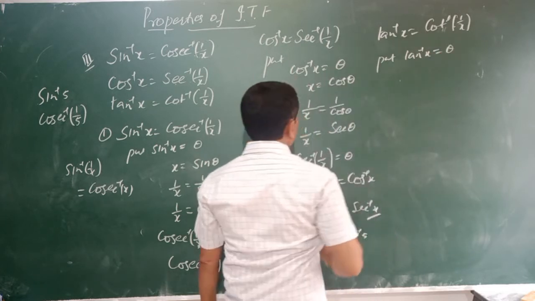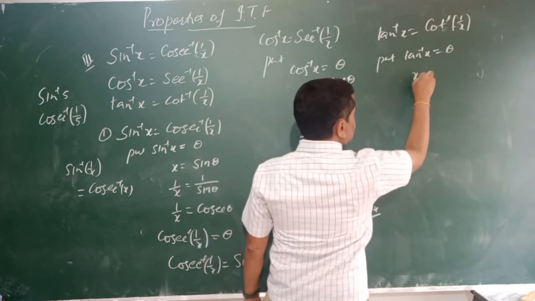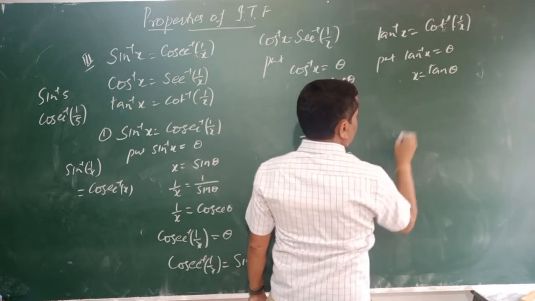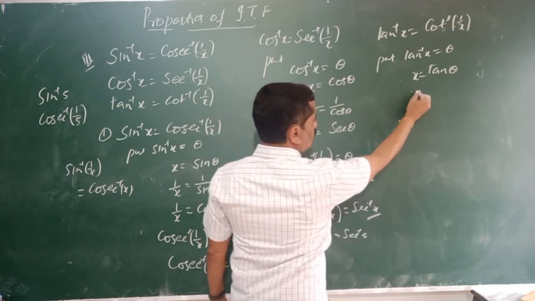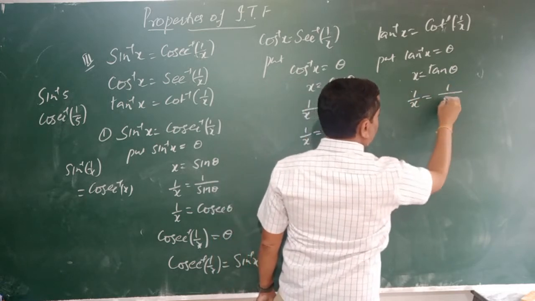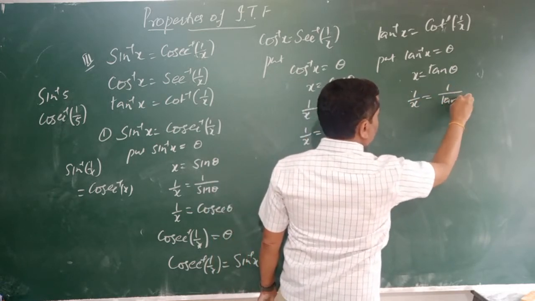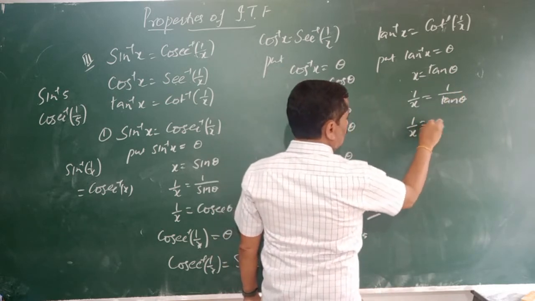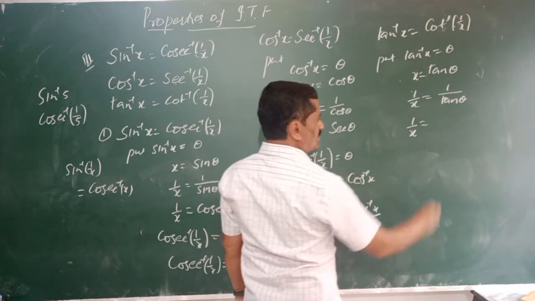Therefore x is equal to tan theta. Again taking reciprocals on both sides, 1 divided by x is equal to 1 divided by tan theta. We know that 1 by tan theta is cot theta.